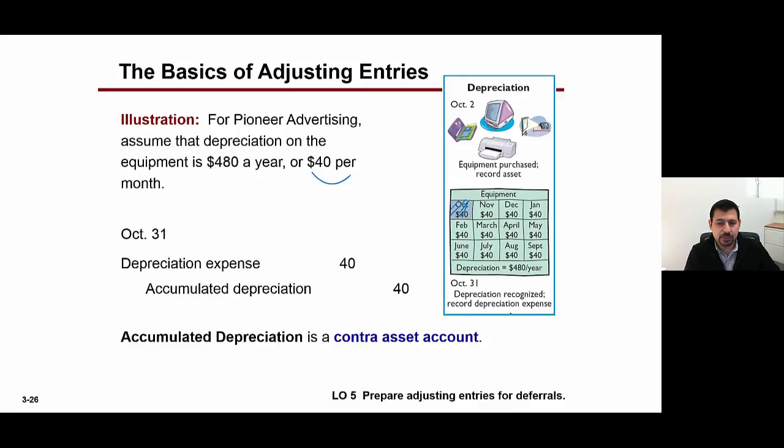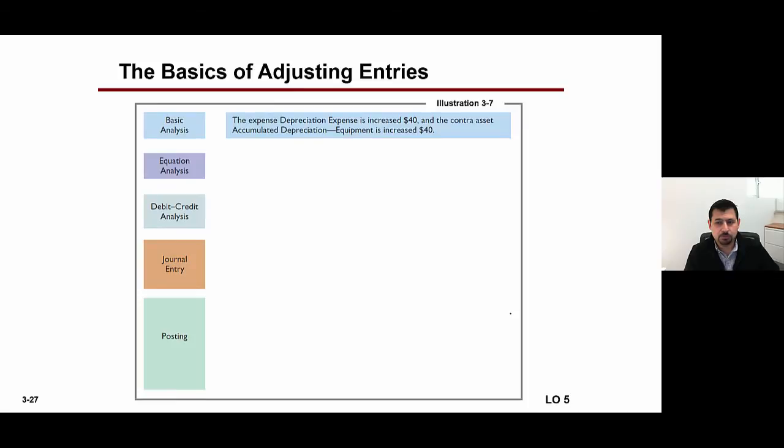And like we said, the adjusting entry here would be to decrease stockholders' equity as it increases expenses. This is the depreciation expense that has increased. So the way to do it is we put under assets, we have accumulated depreciation for equipment.